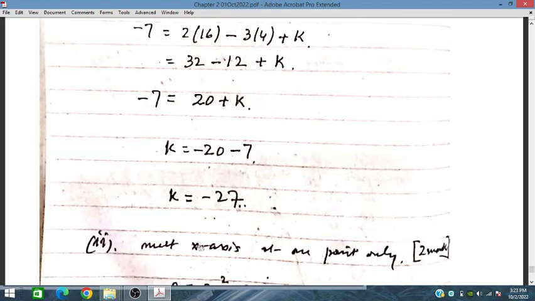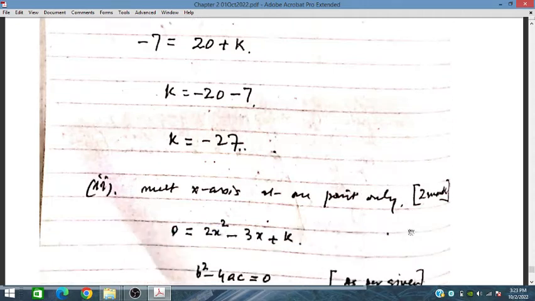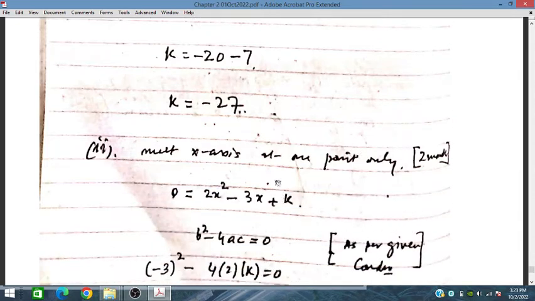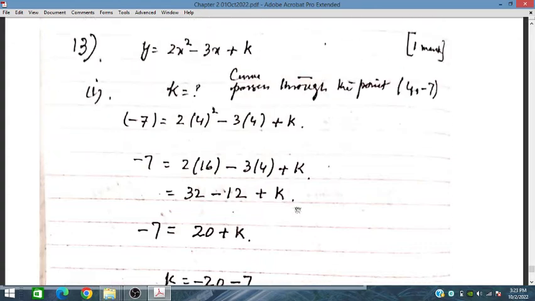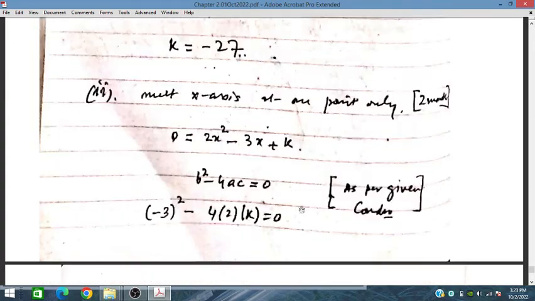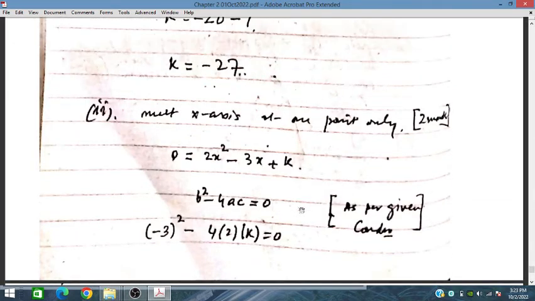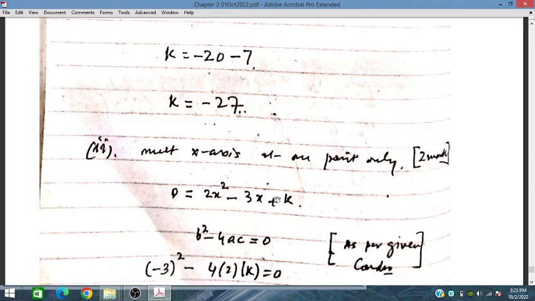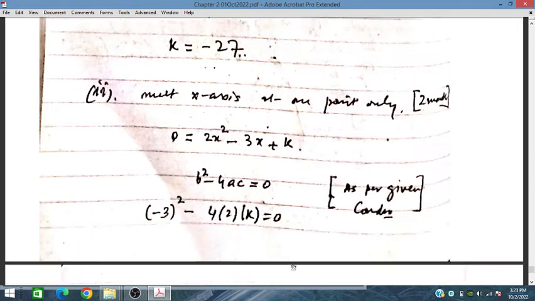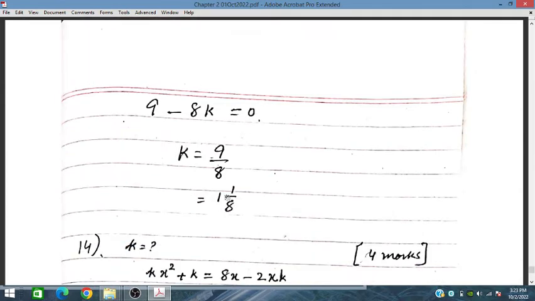This meets the x-axis at one point only. If we have to find that the curve meets at only one point, it means the discriminant is 0. If the discriminant is 0, then the value of this will be 1 over 9/8.